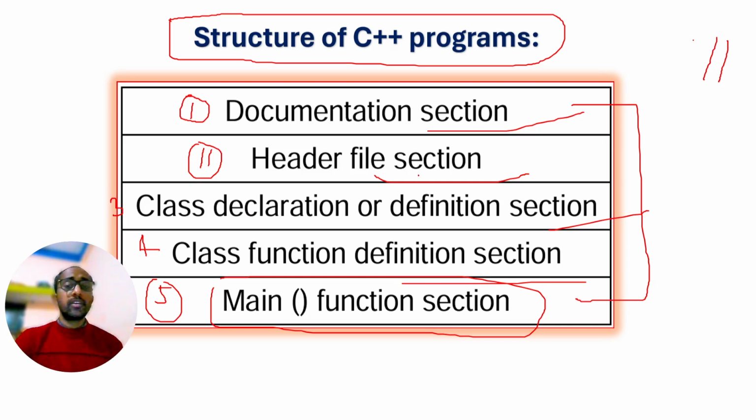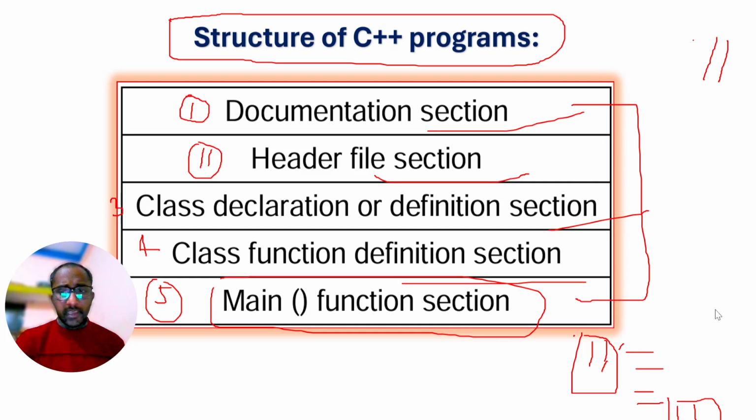Suppose you are going to write a program, and you have to mention who the writer is, who created it, when it was created, and why this program was created. You don't want to print those things, but you want to give more descriptive information about the program. So you write them as comments. They will not be printed in the console.